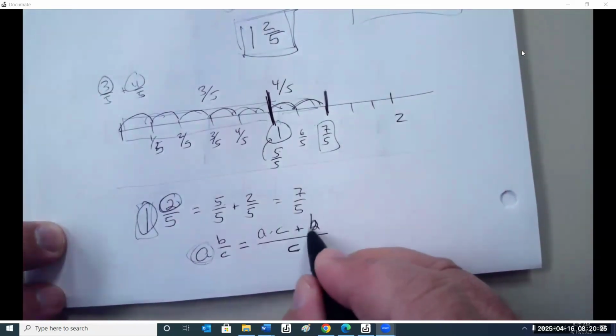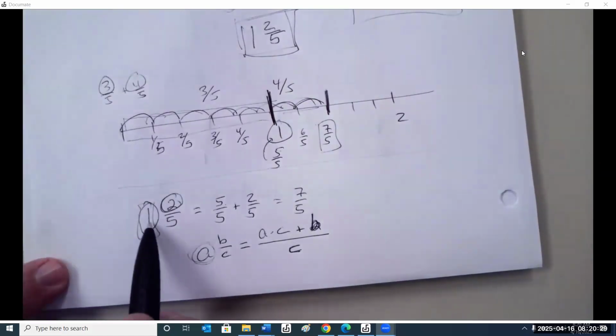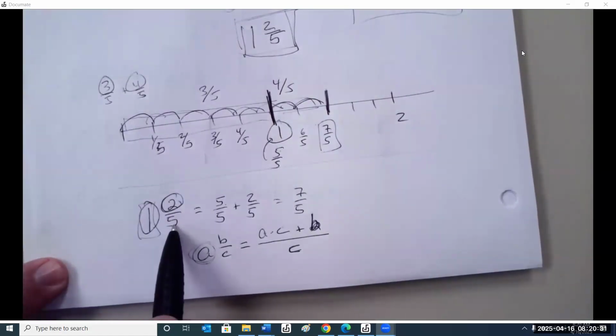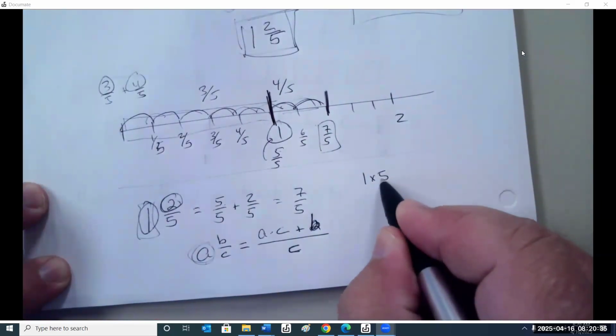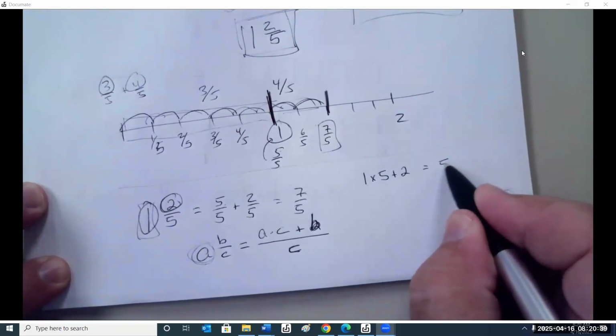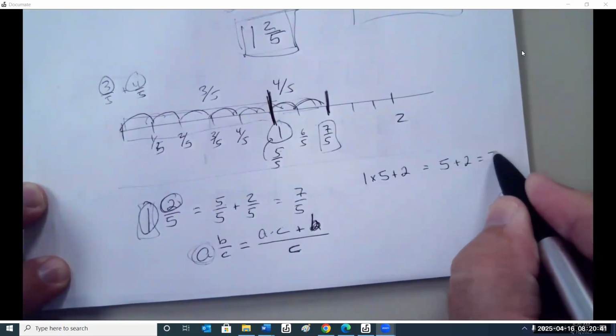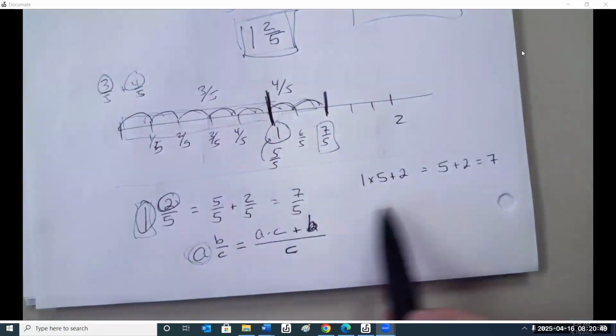That's B. So there's your formula. The coefficient times the denominator plus the numerator. So 1 times 5 plus 2. 1 times 5 is 5, plus 2 is 7 over 5. And you see what we're always doing also. What am I reinforcing here with this example? The math part.